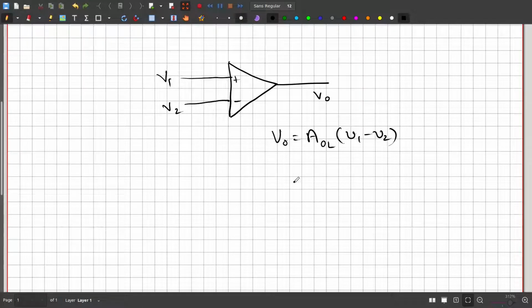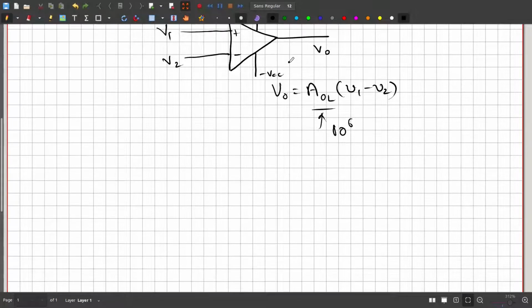Usually our open loop gain is of the order of 10 power 6. So even though the difference is very minute, the output voltage is very high. Usually if the output voltage is greater than or of the order of our biasing voltage, then the output voltage saturates either to plus VCC or minus VCC depending upon the input signals.